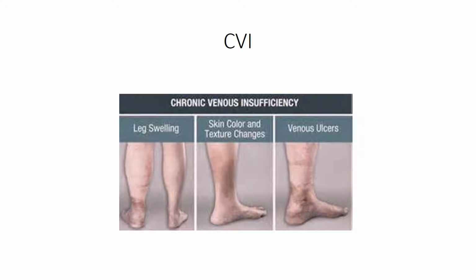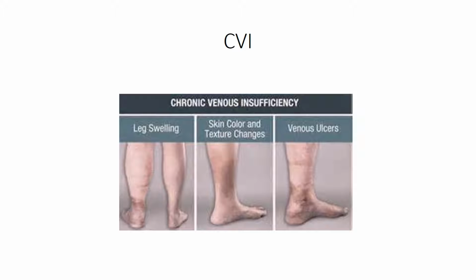So here's a few pictures that show us patients that have chronic venous insufficiency. You get the leg swelling, and it doesn't just go down every night when you elevate. Skin color and texture changes. We all know those patients who have those hemosiderin staining and the scaly legs.